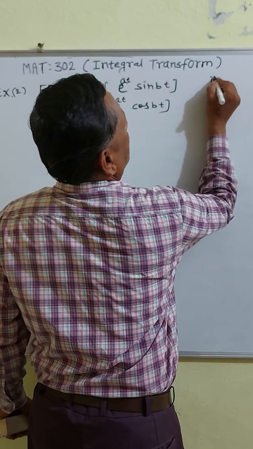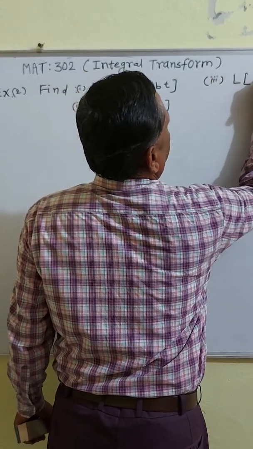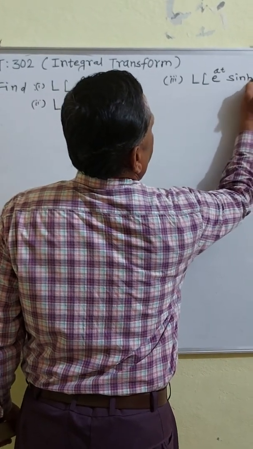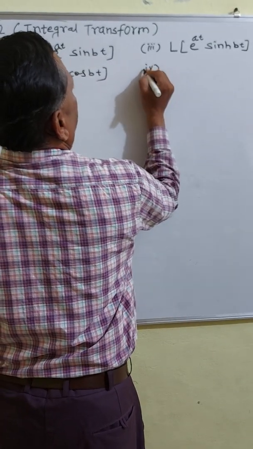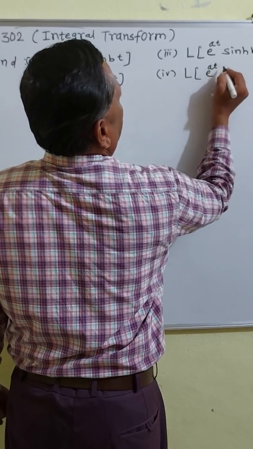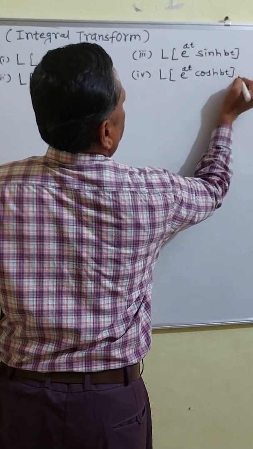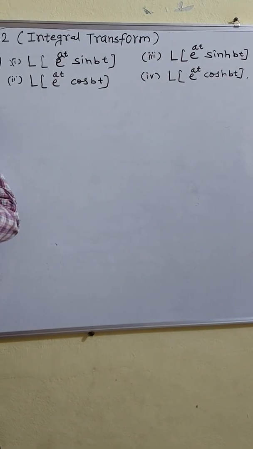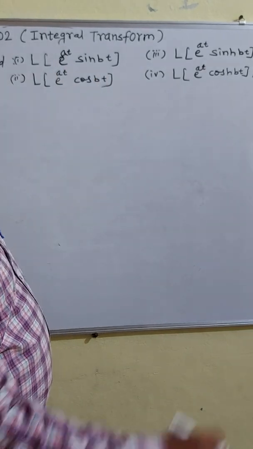Number 3, Laplace transform of e raised to at into hyperbolic sin of hbt. And number 4, Laplace transform of e raised to at into cos of hbt. Solution. Again, by using the first shifting theorem, you find the result.